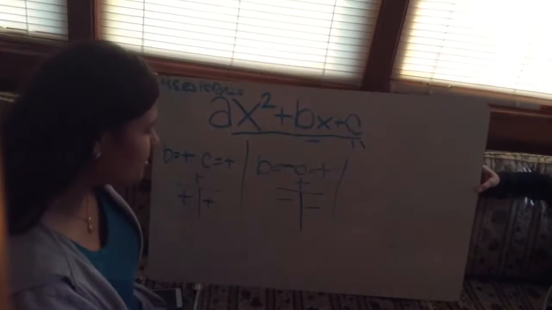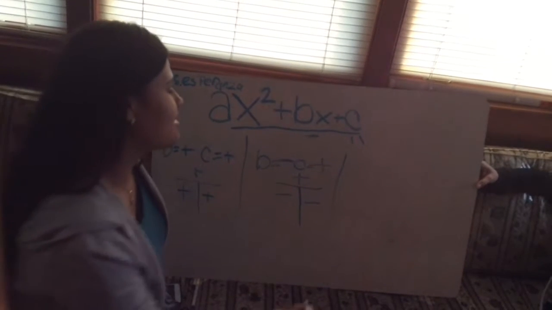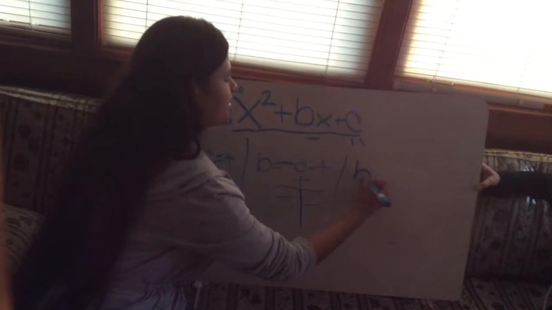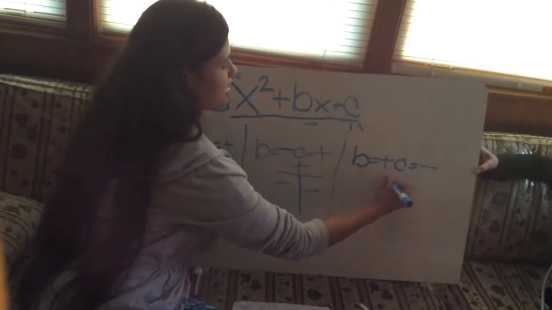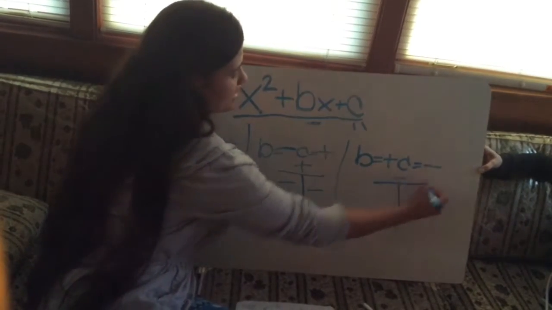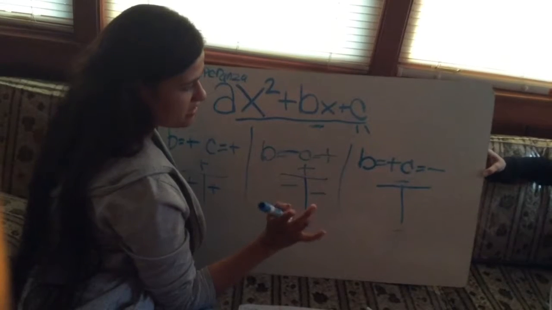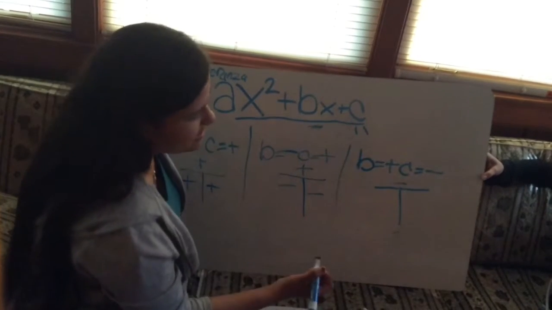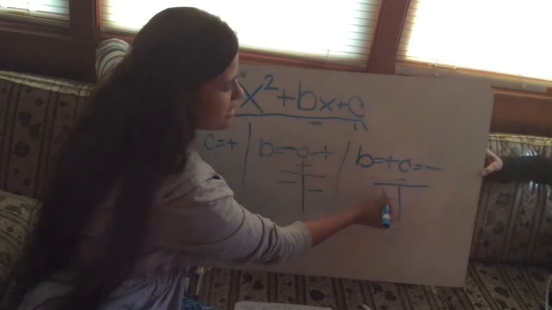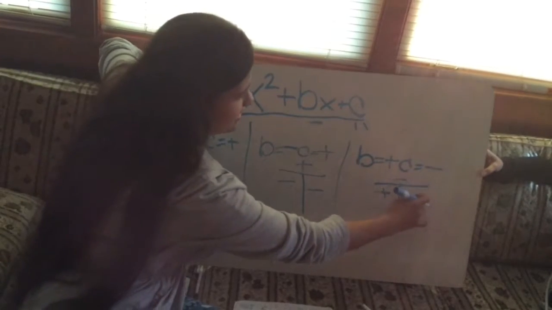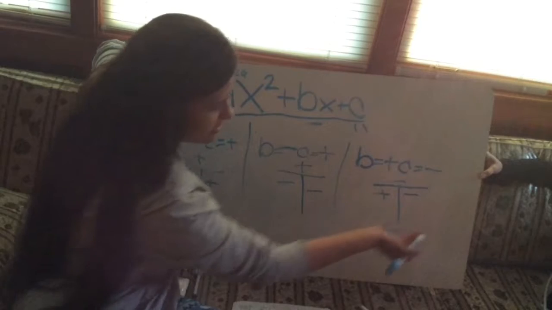The third situation is when b is positive and c is negative. In that case, the biggest number would be the positive number. For example, if the first number is the biggest number, then that would be the positive, and the smaller number would be the negative.